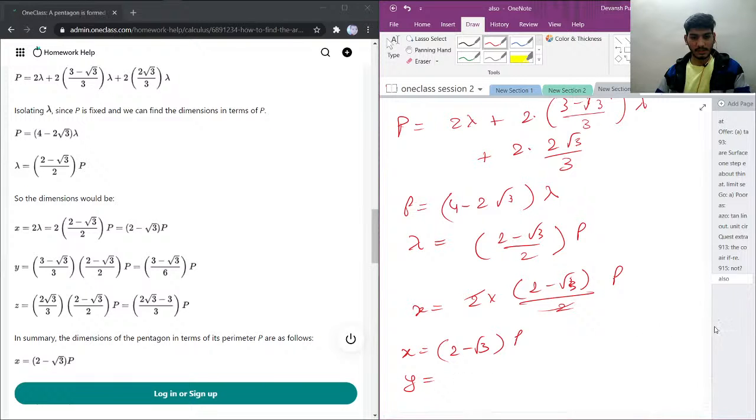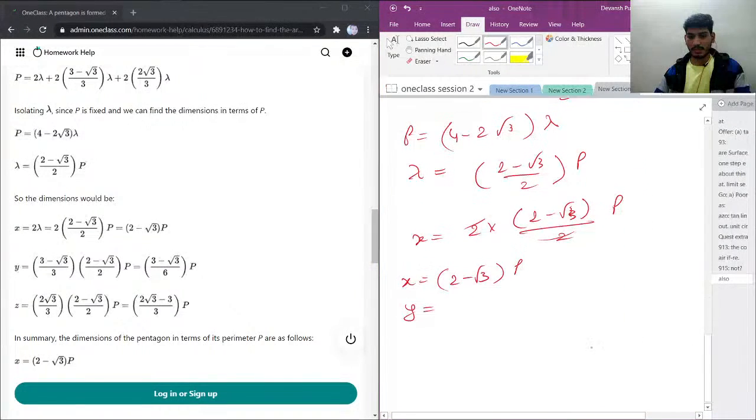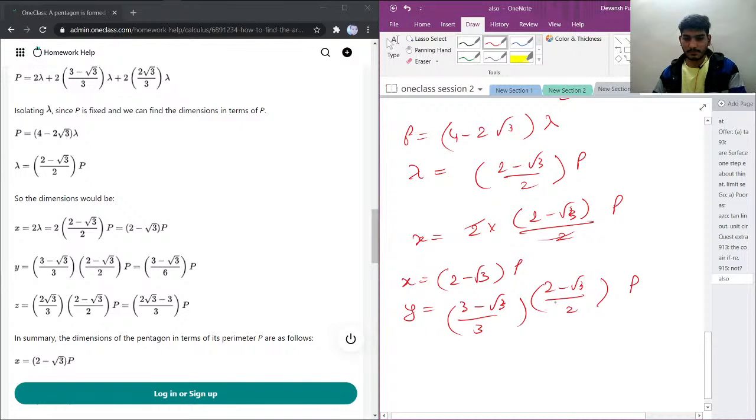Y was 3 minus root 3 over 3 lambda, and lambda is 2 minus root 3 over 2 times p.